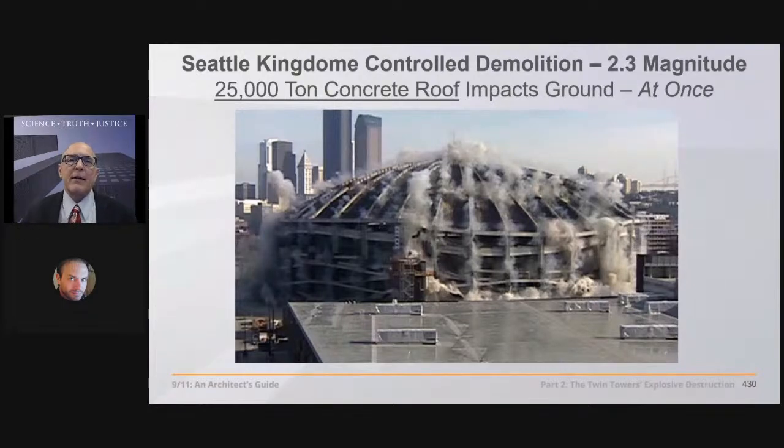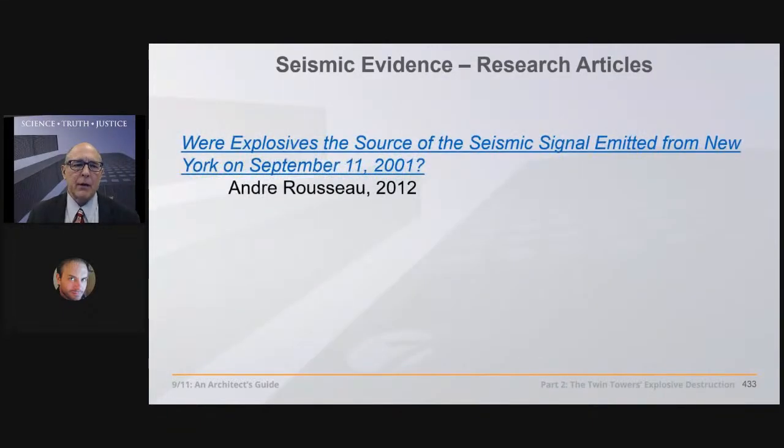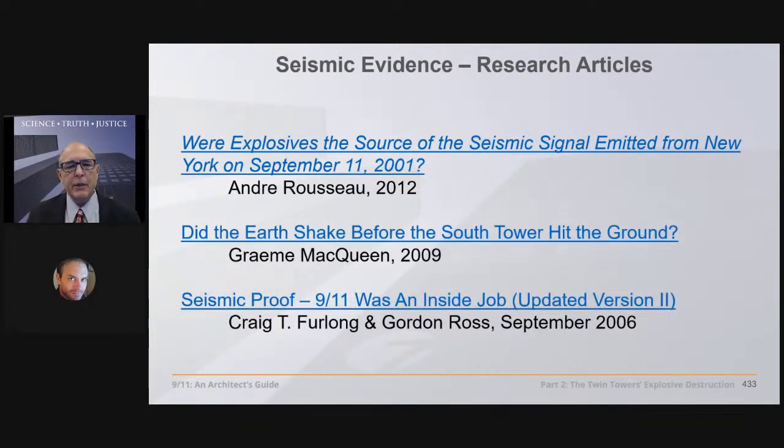You're talking about a 25,000 ton concrete roof that hits the ground all at once versus the concrete powder in the towers, which is completely pulverized to a fine powder, and the steel distributed over 600 feet outside the footprint of the building, peppering the ground over 15 seconds. So there's no comparison there at all. For further research, I recommend these researchers for you to look at.